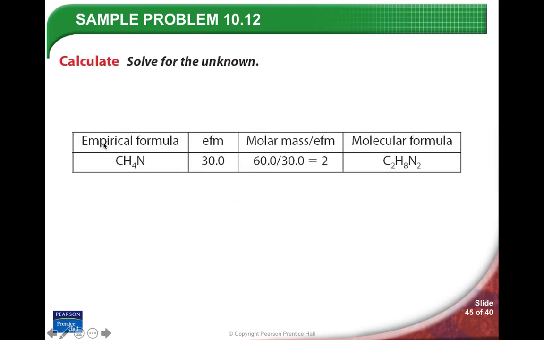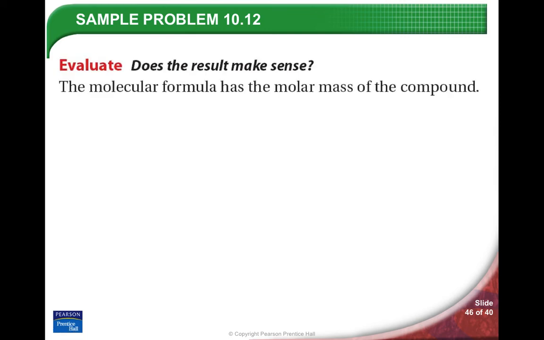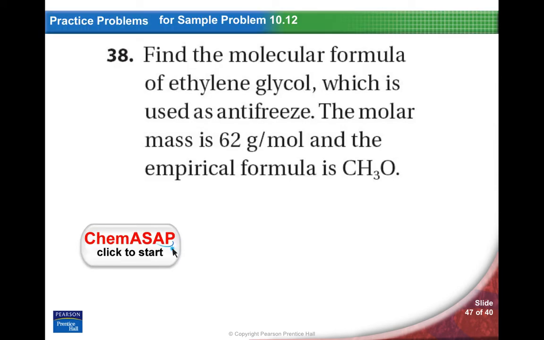So this is empirical formula mass, molar mass divided by empirical formula mass gives you molecular formula twice as big. Okay. And you can always go back and calculate the molar mass for the molecular formula and see if you did it right.